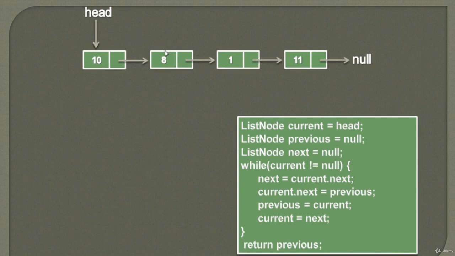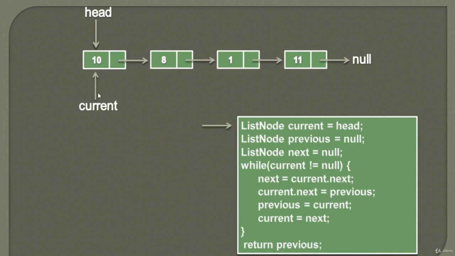So here we see a singly linked list having 4 nodes, say 10, 8, 1, 11, and where head points to the first node. So in order to reverse this singly linked list, here is the algorithm. So we'll see how this algorithm makes this singly linked list reverse. So the first step of execution would be we'll create a list node by the name say current and a value of head will be assigned to it.